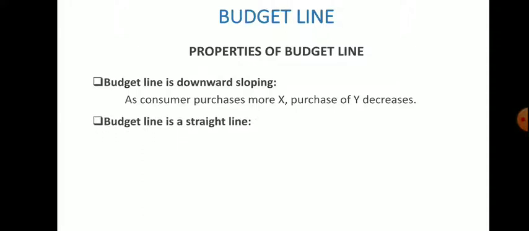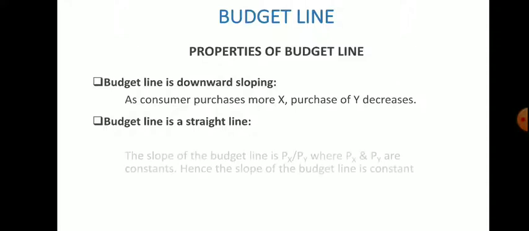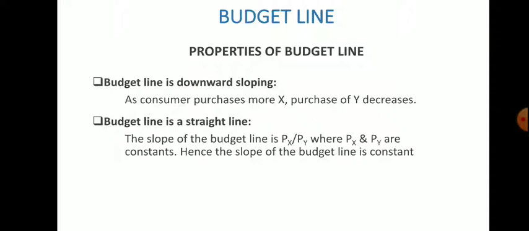The second property of the budget line is that it is a straight line. Why is this so? Because, as we have seen in the last slide, the slope of the budget line is simply the price ratio, that is Px by Py, and we know the prices of these two commodities are always constant or the same.